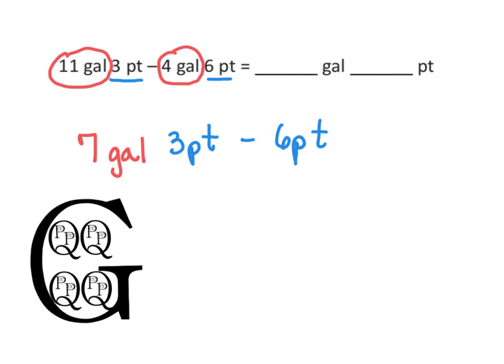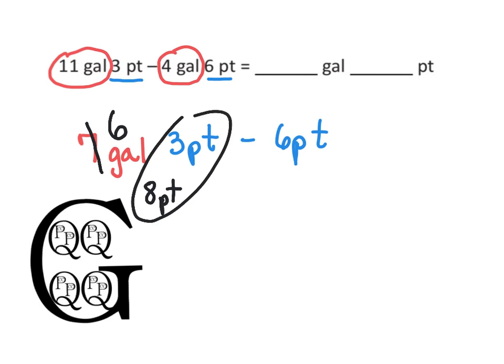So what I'm going to do is take away a gallon, which would leave me 6 gallons, and then I have 8 pints. Because there's 8 pints in a gallon. Now, let's put these together.